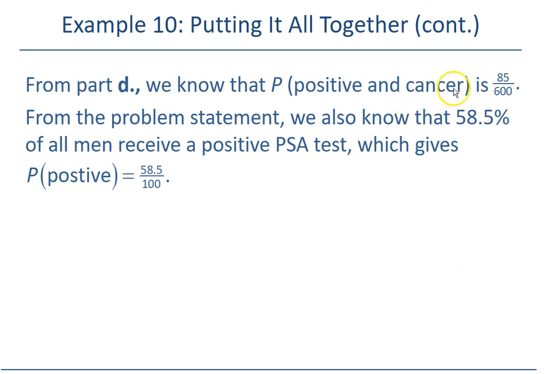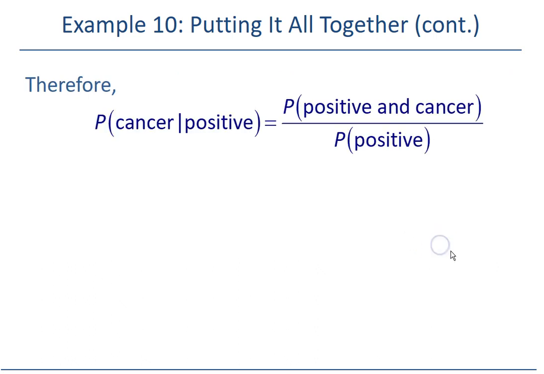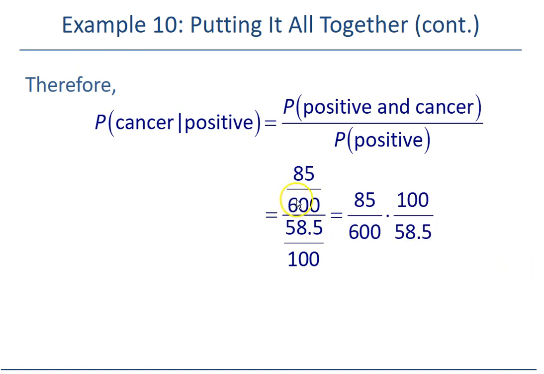And we know for positive cancer we had this result. And positive PSA test we had this result. So we're going to take this and divide it by this. You'll see it in the next slide. There it is. And then we convert it to multiplication of fractions. And again, using your calculator, and pause it as needed, you get this.